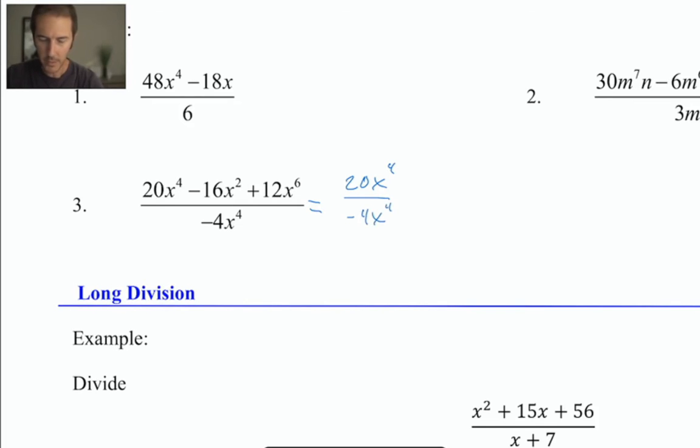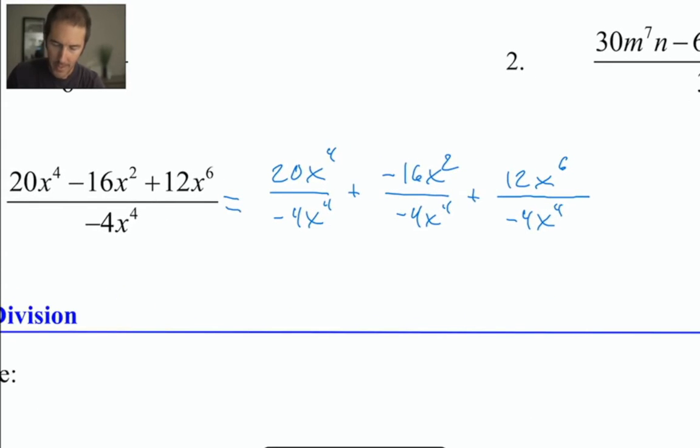And I'm going to do something a little unusual. I'm going to write plus negative 16x squared over negative 4x to the 4. And then plus, so that I'm using plus every time, the positive 12x to the 6 over a negative 4x to the 4. You can do it this way.